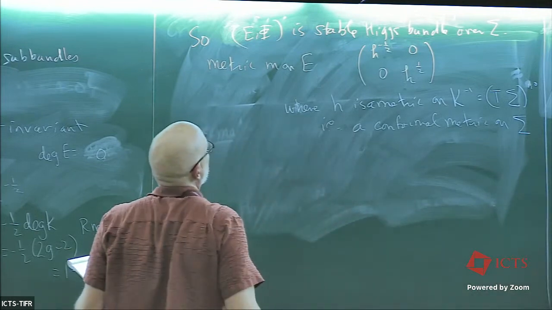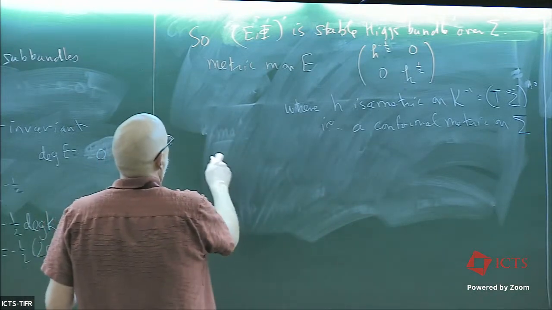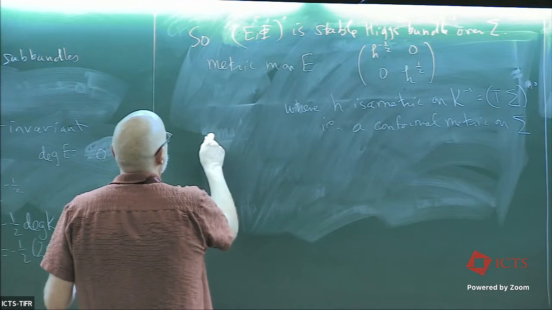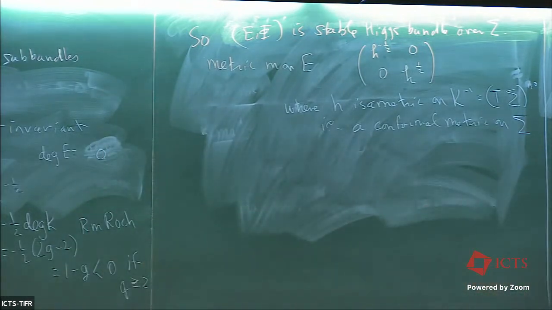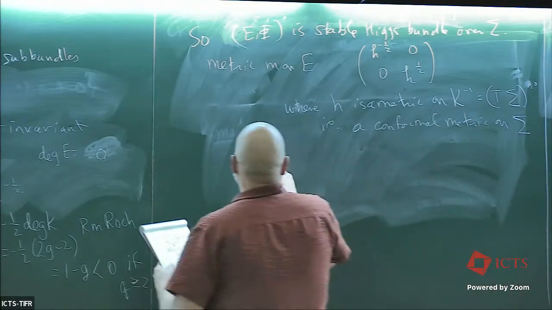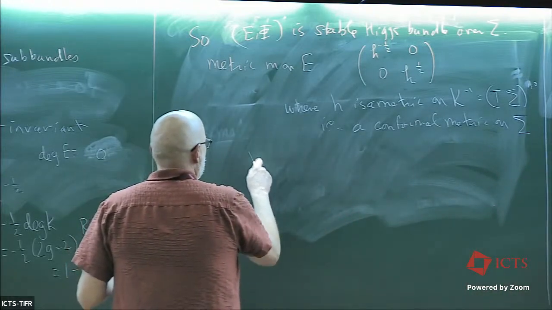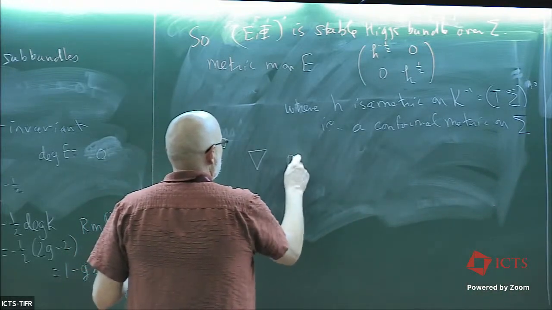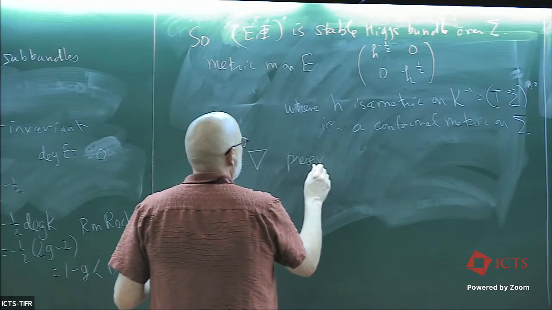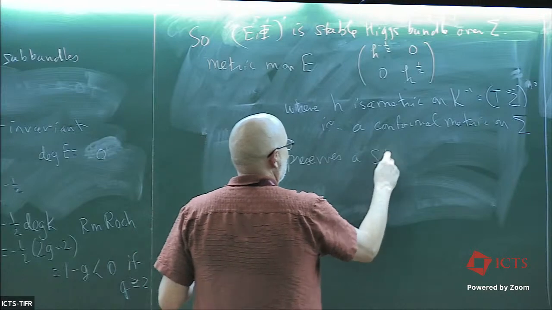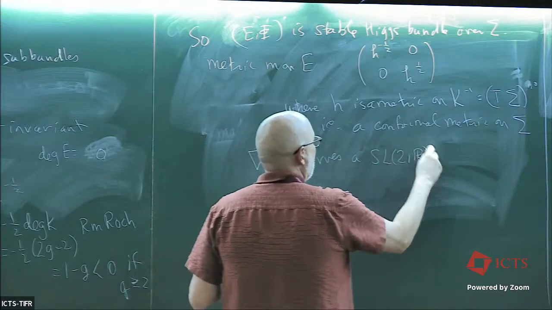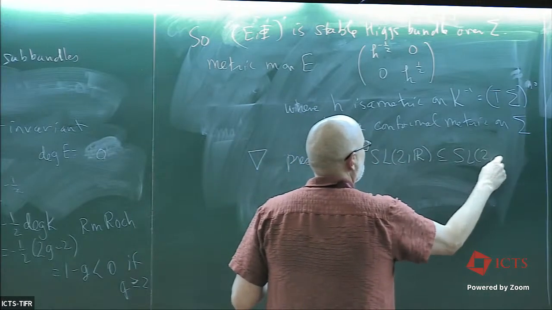Okay. And in this case, there's some very nice reduction. It turns out that the holonomy, once you have the metric, you find the Chern connection, you write down this holonomy. You can find that nabla itself preserves a copy of SL2R inside of SL2C.